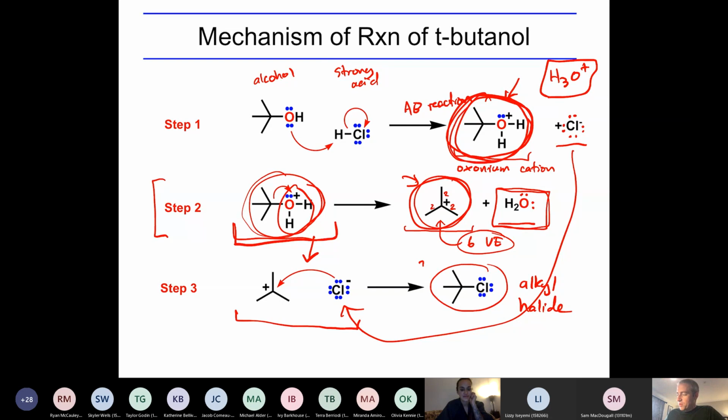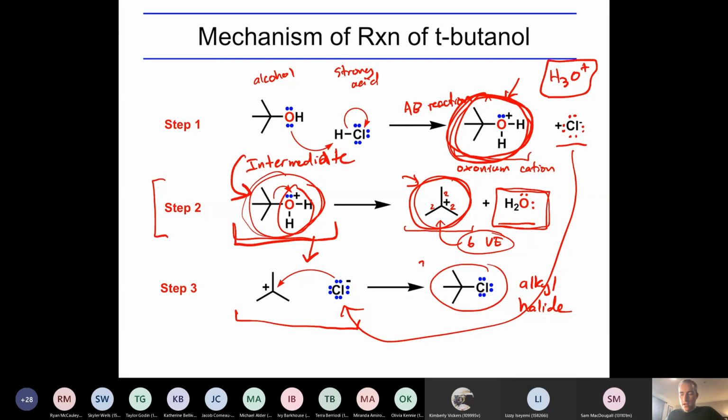So this oxonium cation that's here is formed in step 1, and then it's consumed in step 2. So we have a name for things that are formed in one step and consumed in another. We would call this an intermediate. Intermediate is this thing, because it's formed in one step and then consumed in the later step.